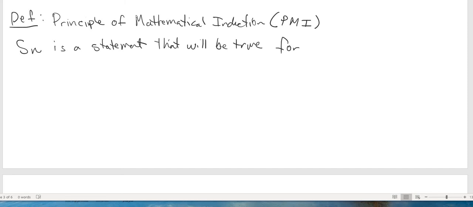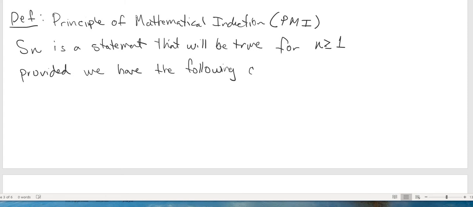In other words, for n greater than or equal to 1, provided the following conditions are satisfied. So provided we have the following conditions.